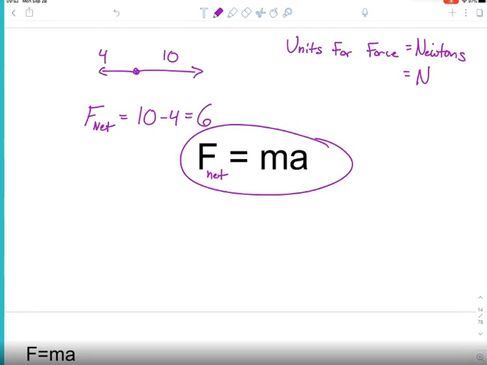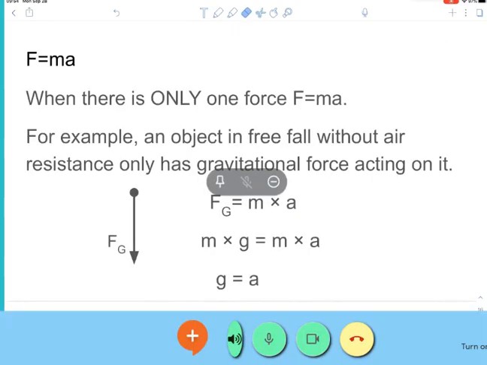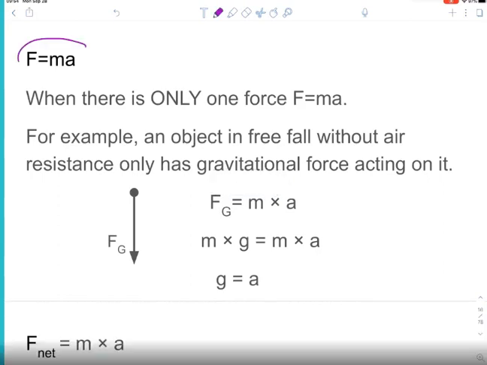All right. Okay, so we're going to start with this equation, F equals ma. And I'm going to have an object in free fall, which is exactly what we were doing when we were doing projectile motion. So there's only one force acting on my object, and that is the gravitational force. There's nothing slowing it down. There's nothing pushing it right or left.